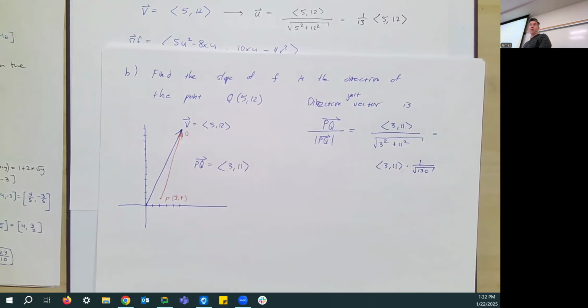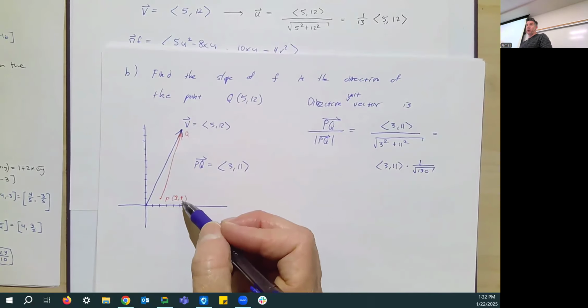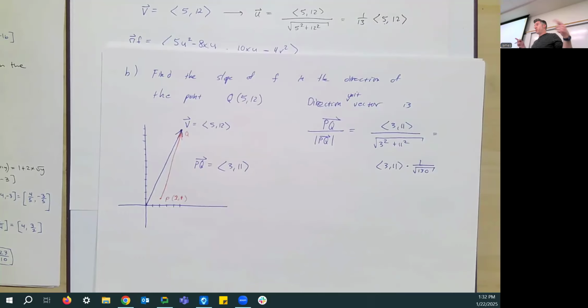Then we're going to dot that with our gradient vector, which hasn't changed. The gradient at this point, 2 comma 1, isn't any different, because the slope we're going to get is different since we're traveling in a different direction, but the gradient there is still the same thing.